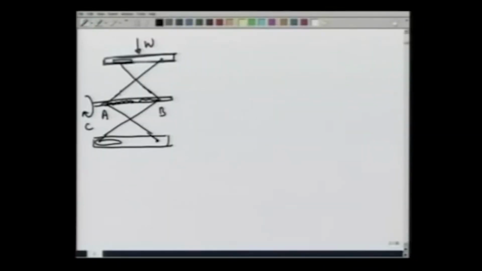Let us call this angle theta, which has already been given. So when the length reduces, theta becomes slightly larger.